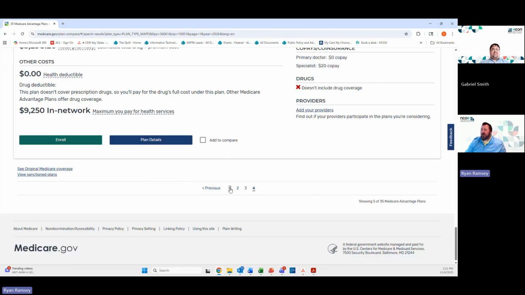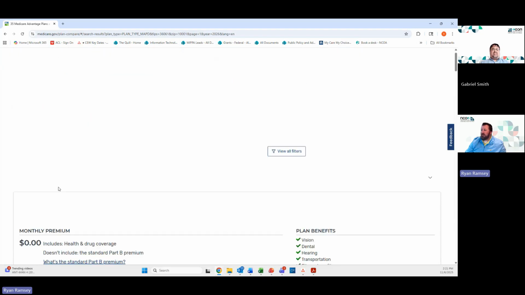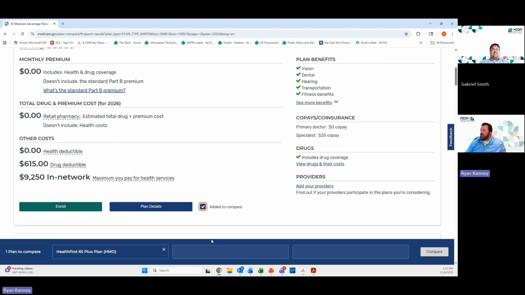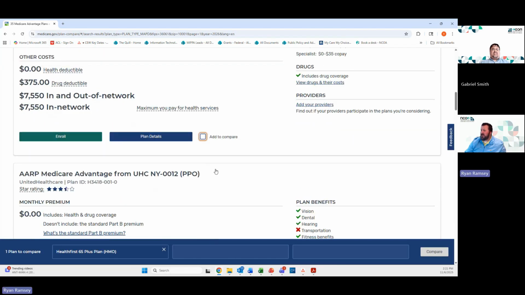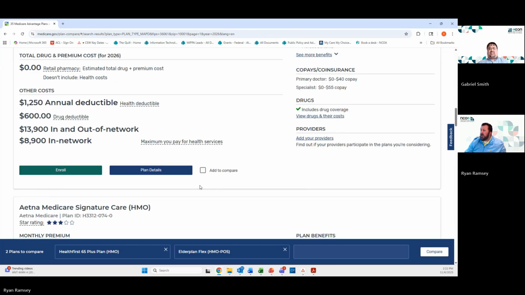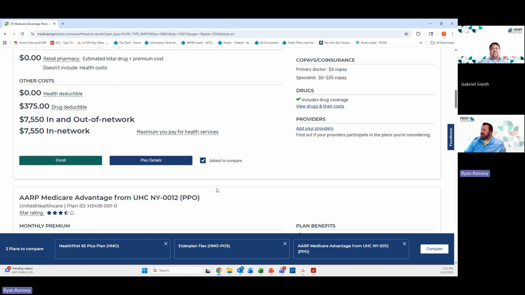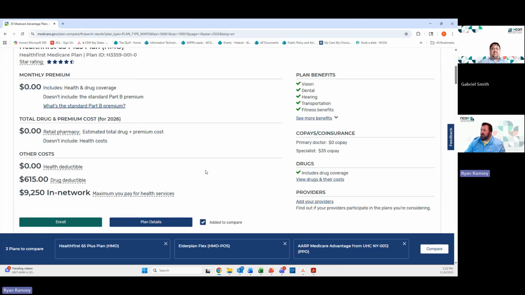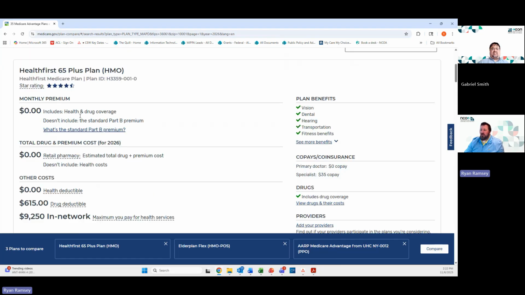We're going to go right back to the first page and right up top here, and select the first three plans. And I do want to just call attention, we'll focus in on some of these things a little bit further on as well. But you'll be able to glean some very quick information from this page regarding monthly premiums, total drug and premium costs for 2026.